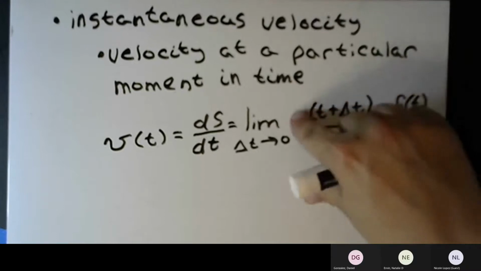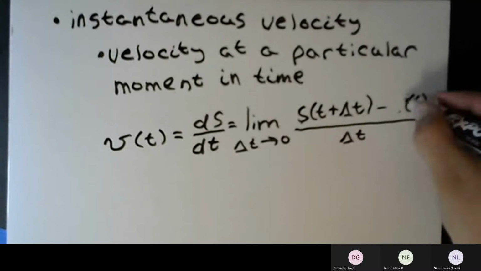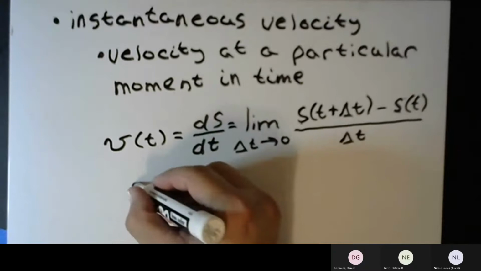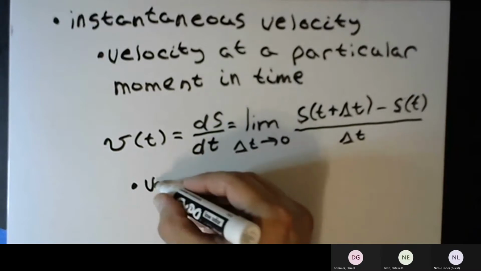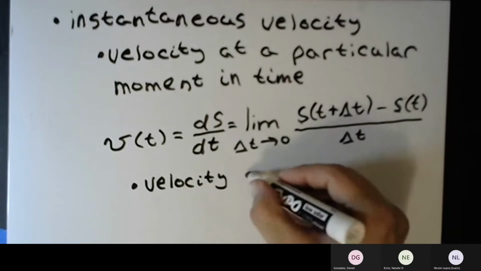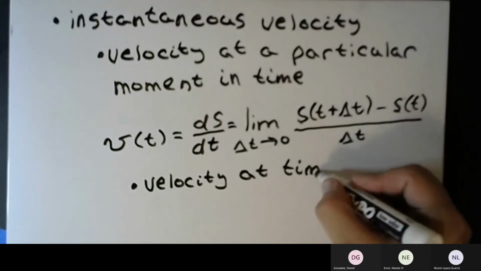Oh, and they're using f, I'm using s. So I'm going to stick to my function s. And so this is the instantaneous velocity, or the velocity at time t.